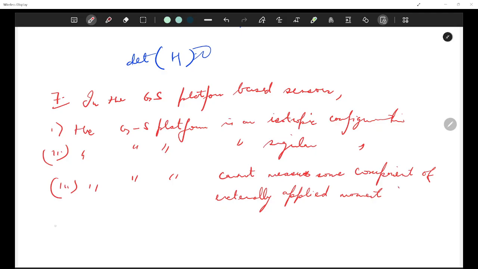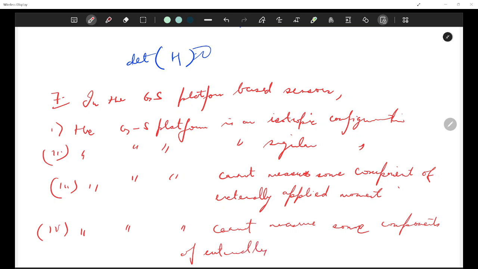The GS platform cannot measure some components of externally applied forces. Okay. So what is true about it?